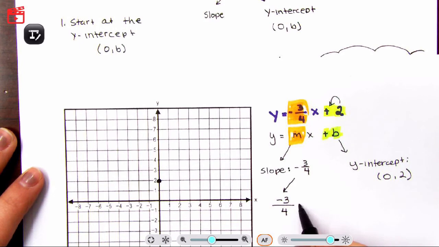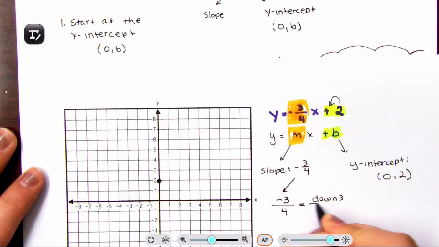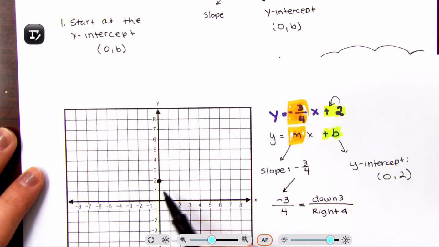So this says I go down 3 because of the negative, and this is right 4. So down 3 is 1, 2, 3. Right 4 is 1, 2, 3, 4. So here is our slope.